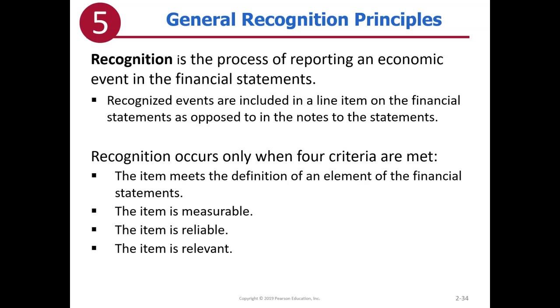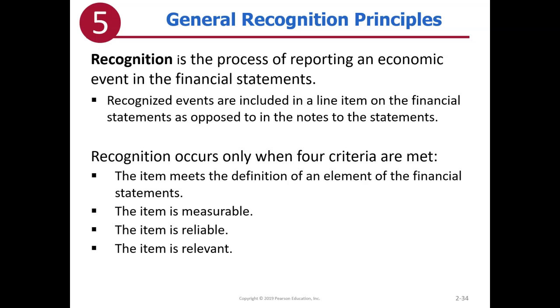The last 2 are whether they're reliable and relevant. That goes back to the old conceptual framework, when the fundamental characteristics were relevance and reliability. In our new conceptual framework, relevance is still there, but we have faithful representation instead of reliability.